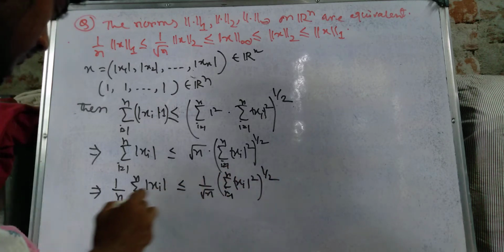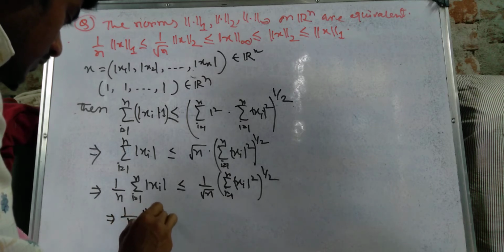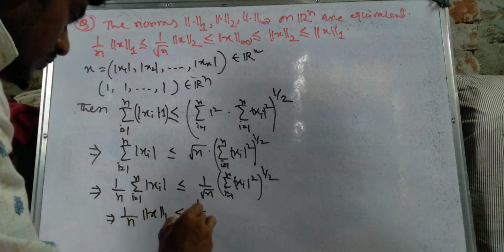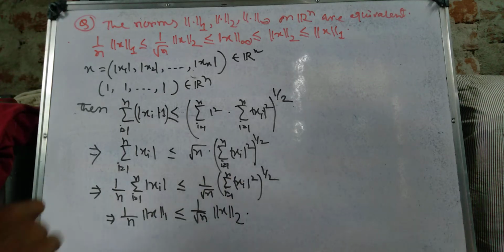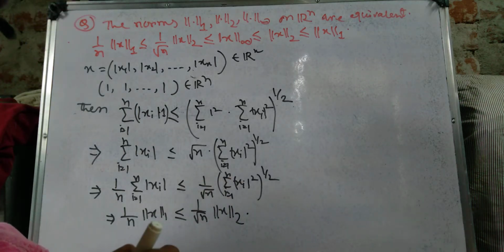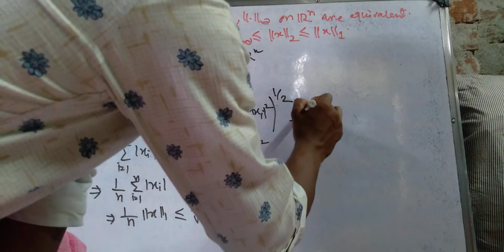This implies that 1 by n norm x1 is less than or equal to 1 by root n norm x2. Then these two norms are equivalent. Here we use the Cauchy-Schwarz inequality.